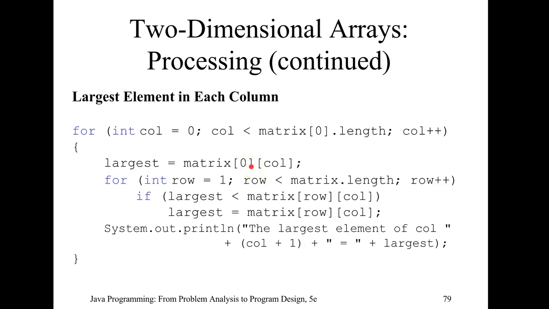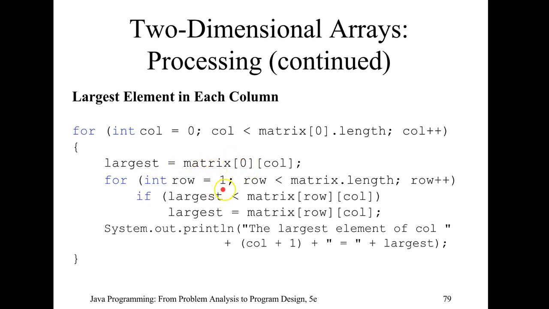Largest element in each column, basically the same code, except I'm reversing the use of the row and column. This time I'm setting column as the outer loop, and the element at row 0 is now going to be my largest.